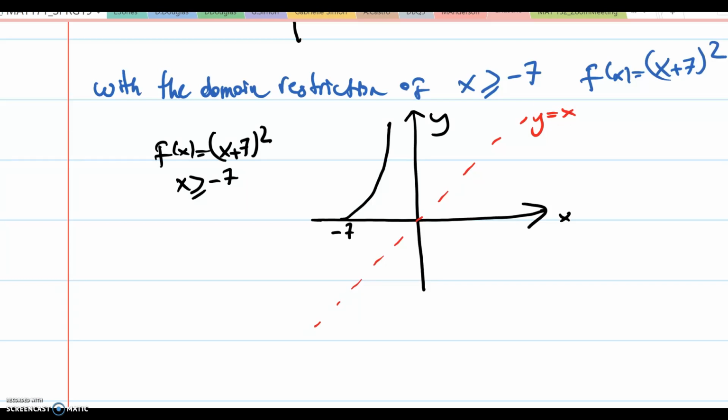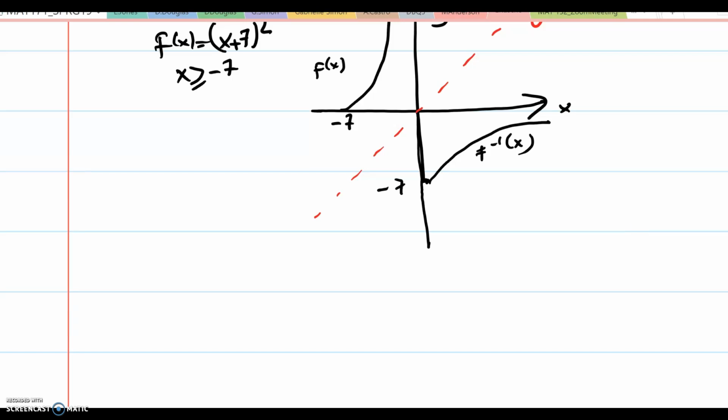So then my f inverse will start from here, -7, and it will be something like that. So this will be my f of x, this will be my f inverse of x in terms of the graph. So how are we going to get that? Let's try to answer that question by solving algebraically.